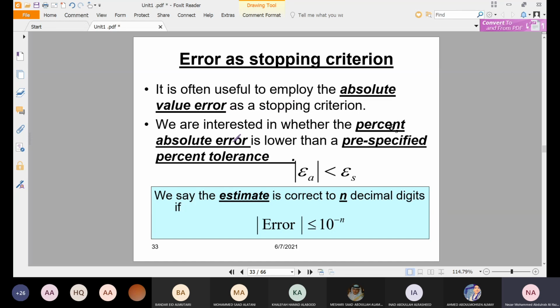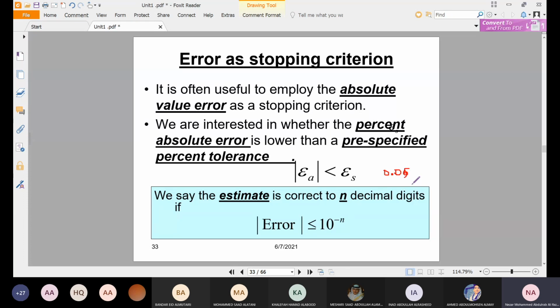This is usually used with the absolute value. If we want to stop when the error is less than a certain value, for example 0.001, stop, or 0.005, stop. If the error is greater than this value, do not stop. If the error is less than this value, stop the computing.